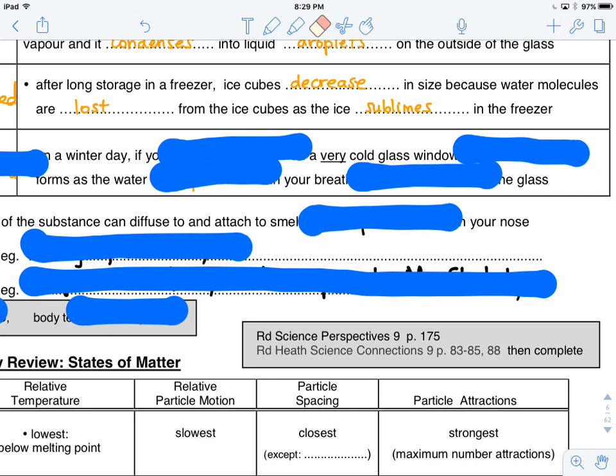Sometimes you'll notice this when you open your freezer door and look at the ice cube tray, it's giving off water vapor, because of the change in temperature, heat is being added from the atmosphere when you open the freezer door, and that ice is subliming. So those ice cubes will get smaller and smaller because we're losing parts of them.